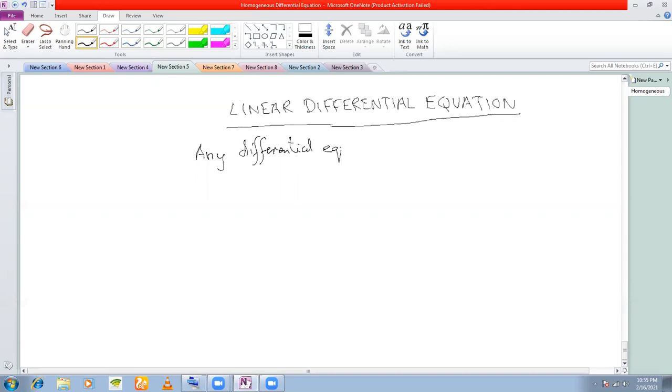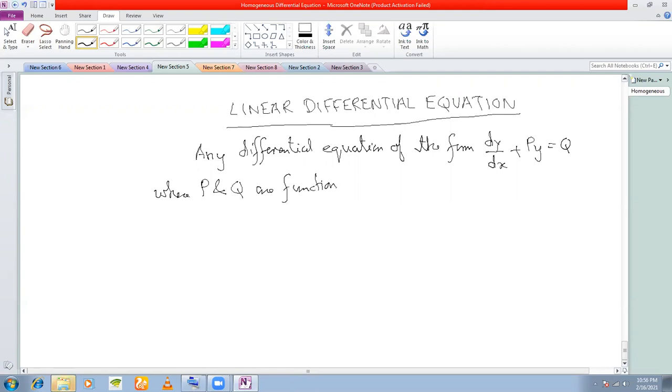Any differential equation of the form dy dx plus py is equal to q, where p and q are functions of x, is called a linear differential equation.